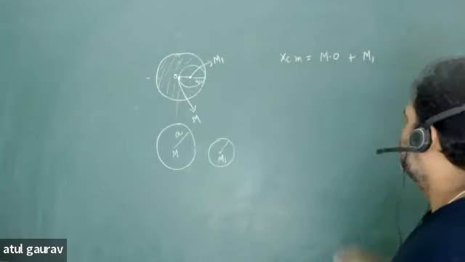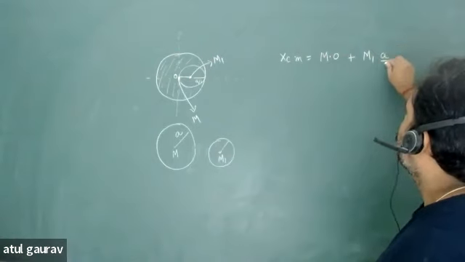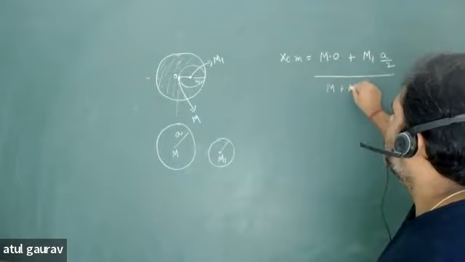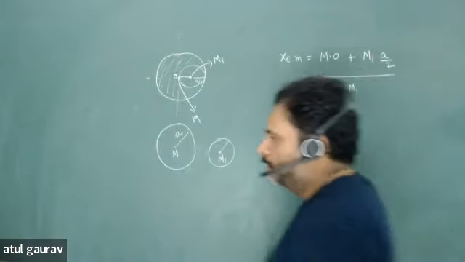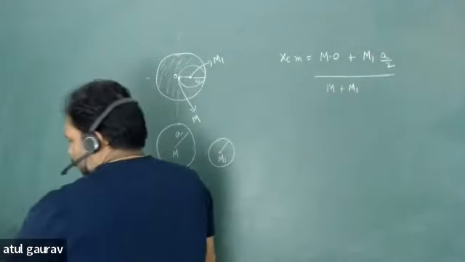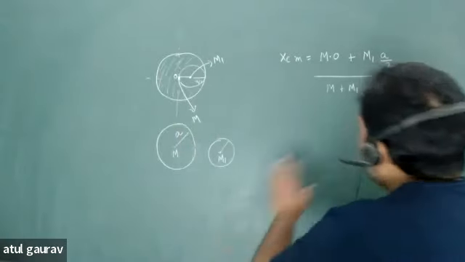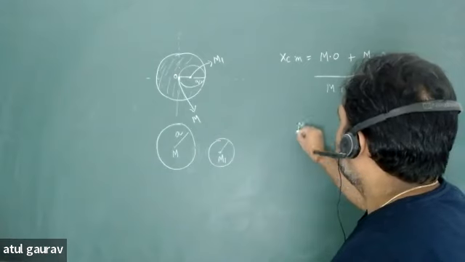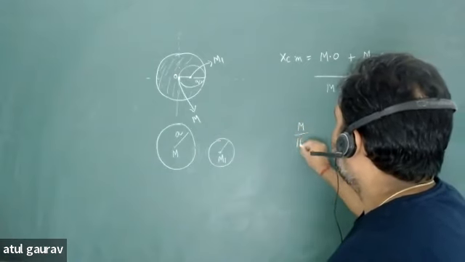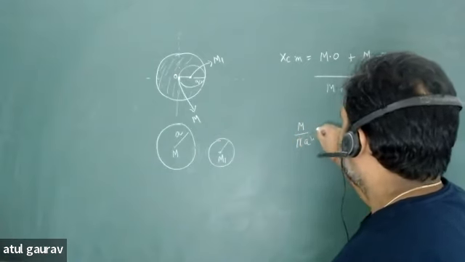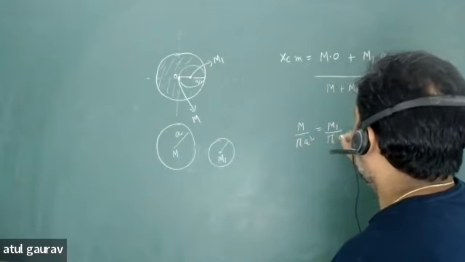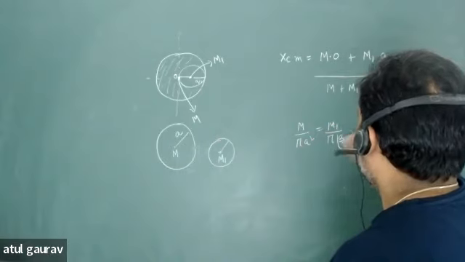A by 2, A by 2, by m plus m1. Everyone is comfortable? Yes, sir. Now, what is the value of m1? So you can write m upon pi a square is equal to m1 upon pi a by 2 whole square.